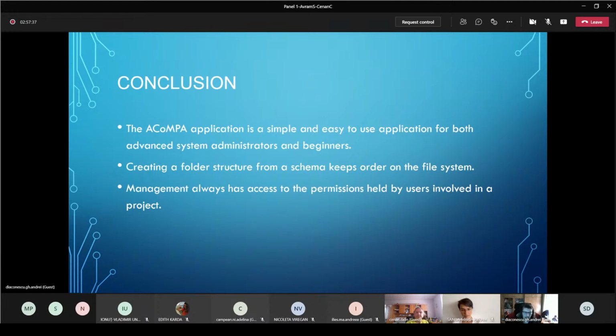But Acompa doesn't require this. It runs if your account is a member of domain administrators on the server. You can run it remotely from your machine.